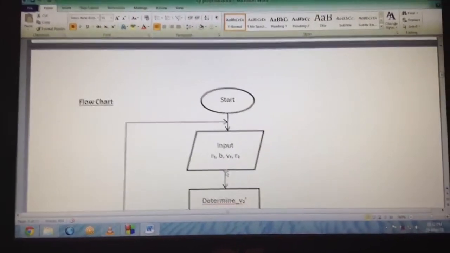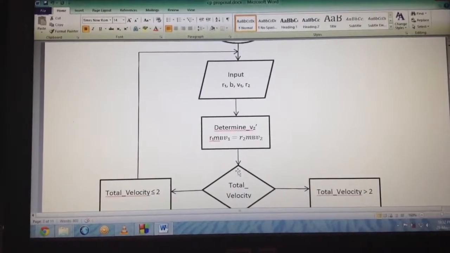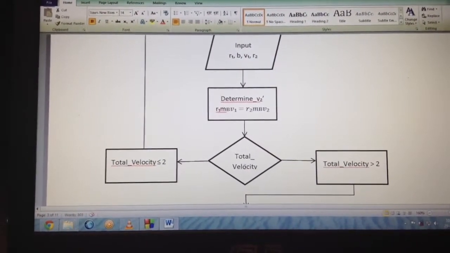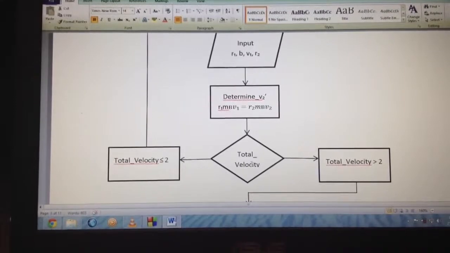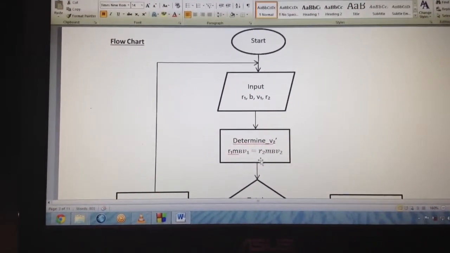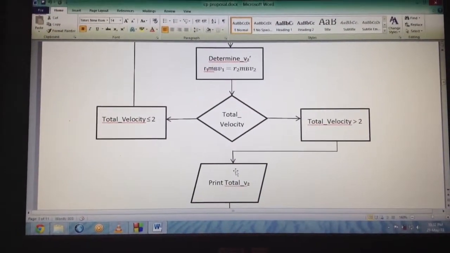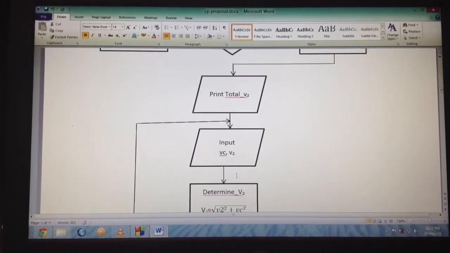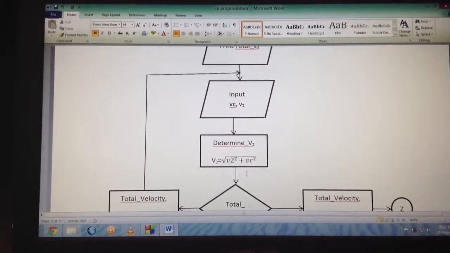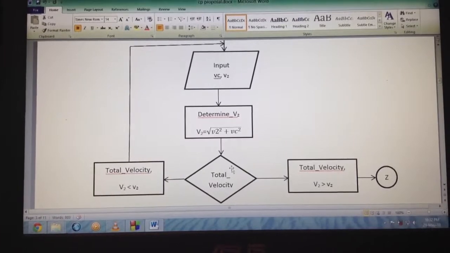So here is the flow chart. Starting from the start, then go to input, then determine the equation, and then find the velocity. If the velocity is less than 2, it will do a loop to the beginning. If the velocity is more than 2, then it will print the V and then do the input and determine the equation.